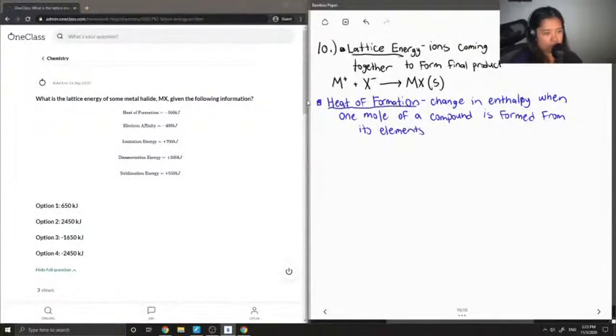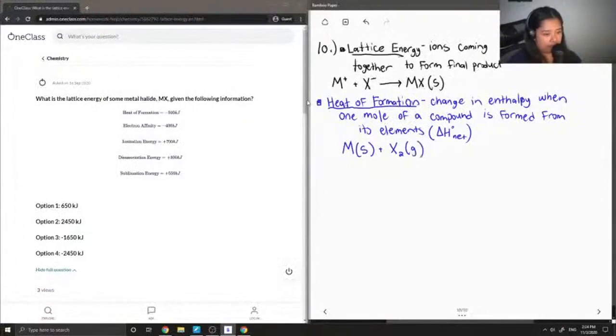In other questions, they might define the heat of formation as the delta H net of the reaction. So for our example, this is the same thing as having our metal as a solid plus our halide as a gas.